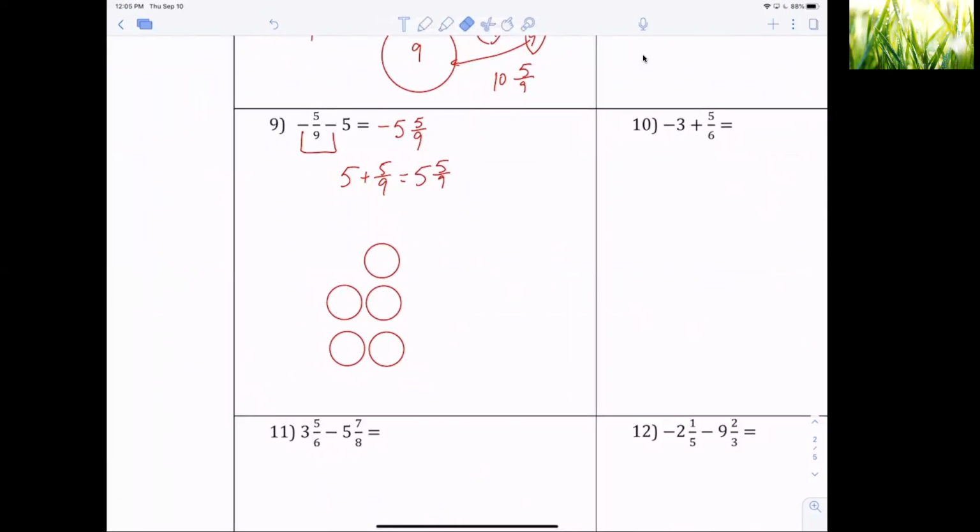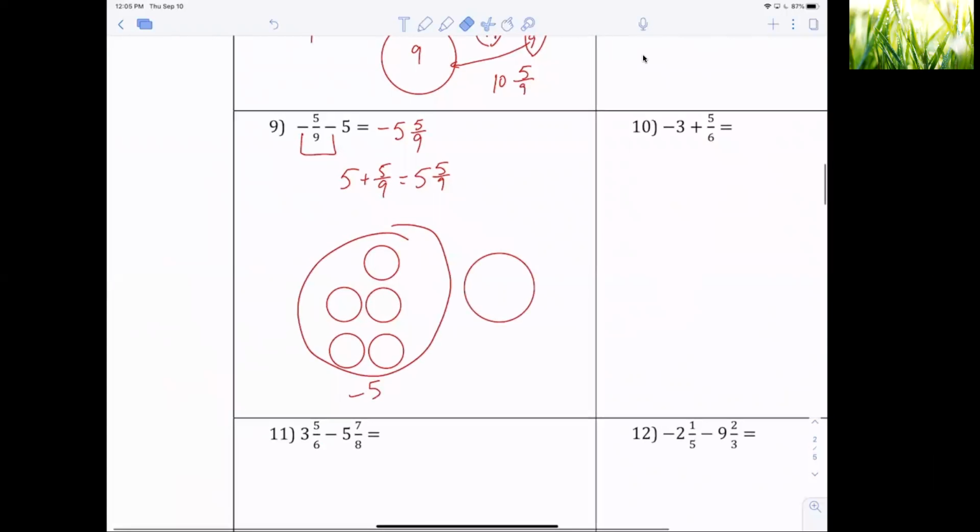So these represent -5. Now, this one over here is going to represent -5 ninths. So together, it would be -5 and 5 ninths.